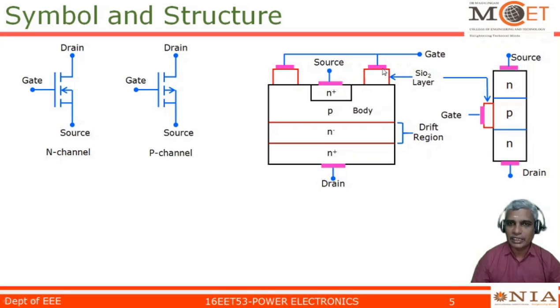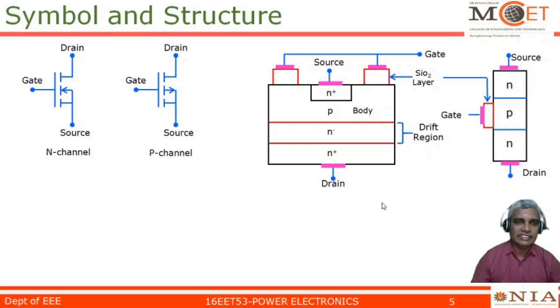Because of this silicon dioxide layer between the gate and the P layer or body, we call this device metal oxide semiconductor. The silicon dioxide layer is responsible for forming a capacitance between the gate and the body. So this capacitance plays a very important role in turning on this MOSFET.